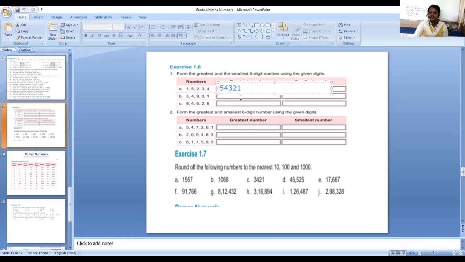So that is 54,321. Accordingly, if I have to form the smallest number, we need to take the arrangement in ascending, that is increasing order, the least number first: 1, 2, 3, 4, 5. So the smallest number formed here is 12,345.